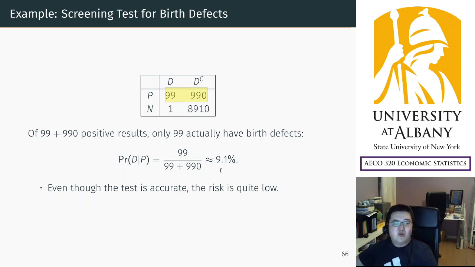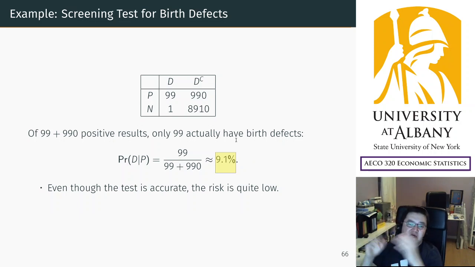So what I'm going to tell you here is, even if the positive result and the good accuracy of the screening test sound scary to you, practically the probability is still not that high as many of you just feel.